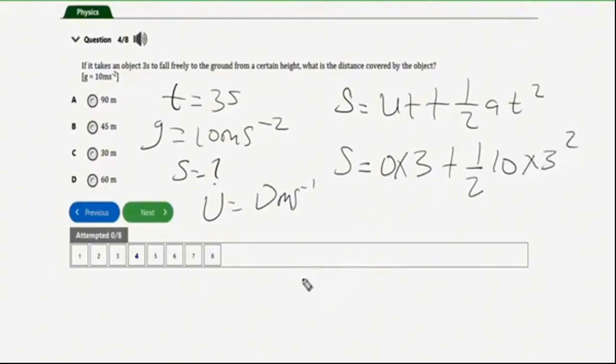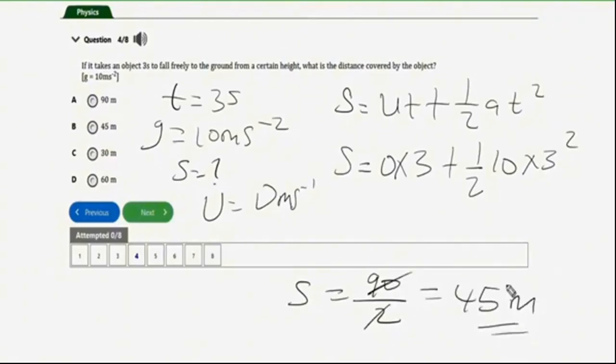Alright, so when you break this down, you're going to have x equals 0 times 3 is 0, plus, now 3 square will give you 9. 9 times 10 will give you 90. So you're going to have 90 over 2. Divide both sides, so this will give you 45 meter. And that will be the answer to this question. The correct option is option B, 45 meter. That will be the distance. Alright, so that's it for this question.